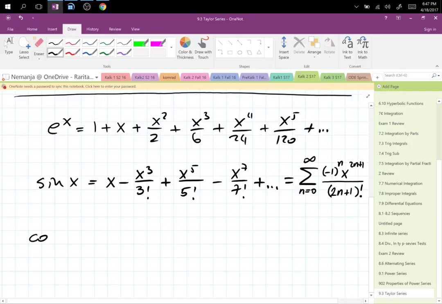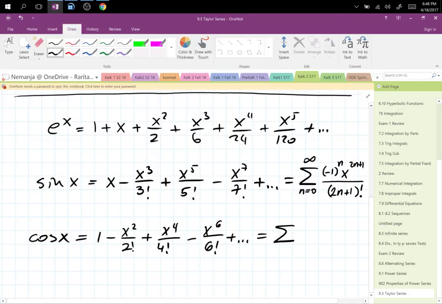Now you have also cosine x, which was 1 minus x squared over 2 factorial plus x to the 4 over 4 factorial, minus x to the 6 over 6 factorial, and so on, which also condenses with n goes from 0 to infinity.